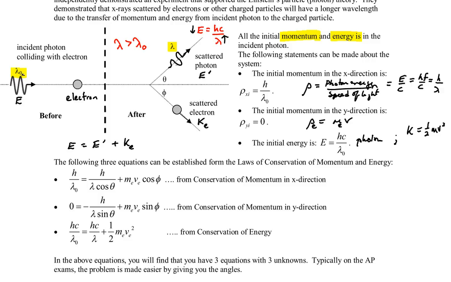Well, that's because some of this incident energy that comes in is transferred to kinetic energy, so the energy of the scattered photon is less, and because it's less energy, it's going to have a longer wavelength. Things like that you should know. There have been some past FRQs that have used these principles, but they're relatively straightforward to solve, so they're nothing too complex. All right, that's all I want to say about the Compton effect.